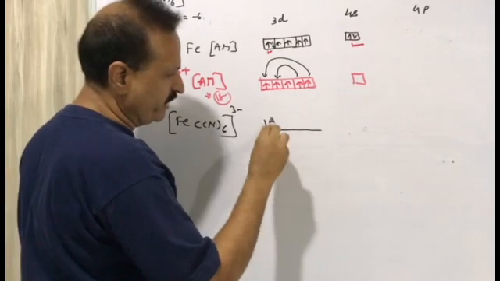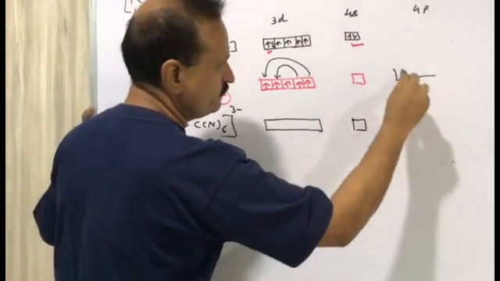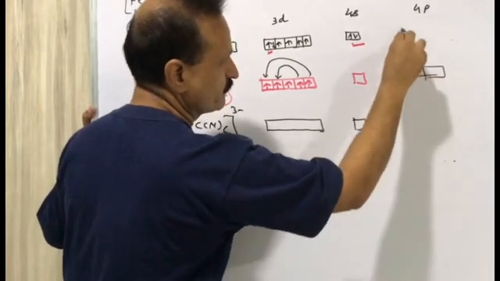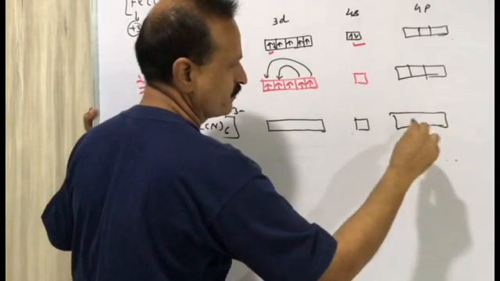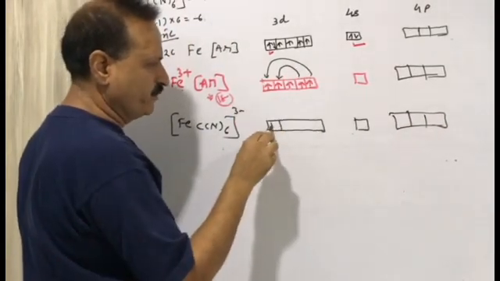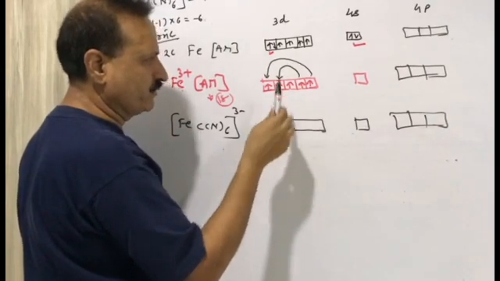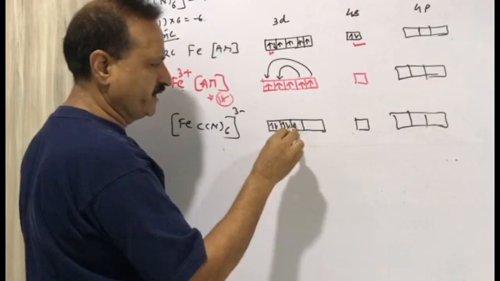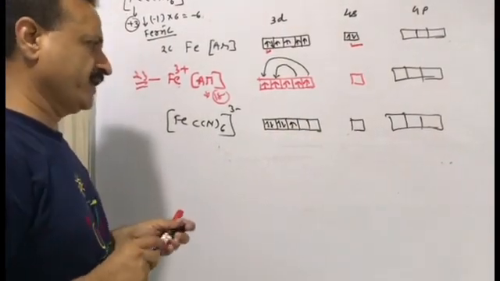So what electronic configuration do we have? We have transferred this electron here, so here will be 2 electrons. This electron here, so here will also be 2 electrons. This electron is as it is, and these 2 orbitals will become vacant.